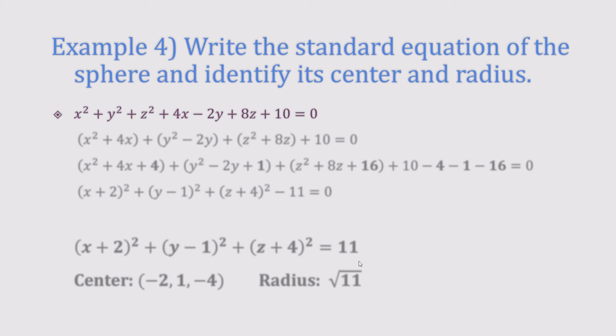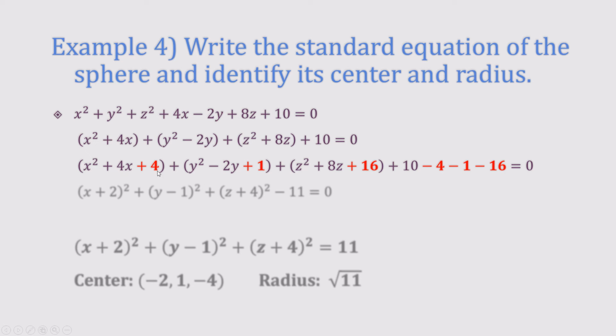Okay, if we group our x terms, group your y terms, group your z terms into each of their own sets of parentheses, and the number that doesn't have a variable is going to be kept on the outside of the parentheses. And now if we complete our squares, half of 4 is 2, 2 squared is 4.